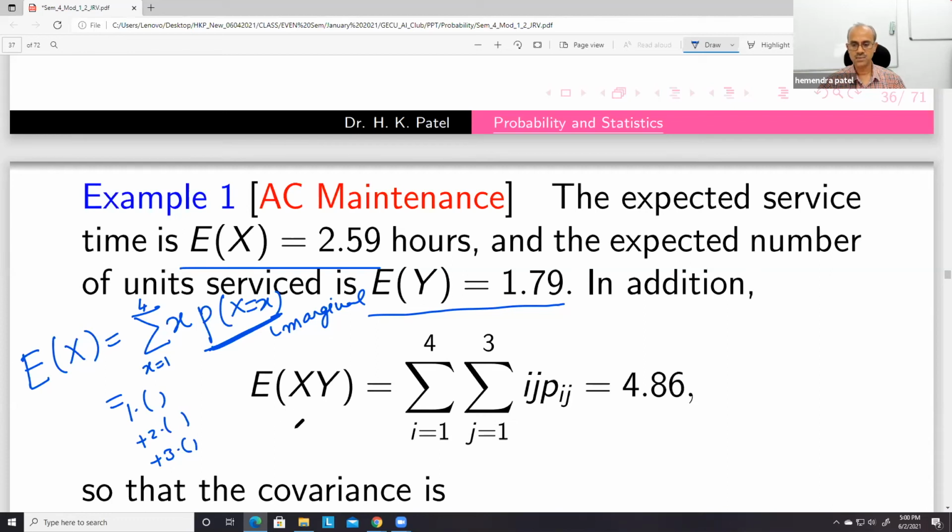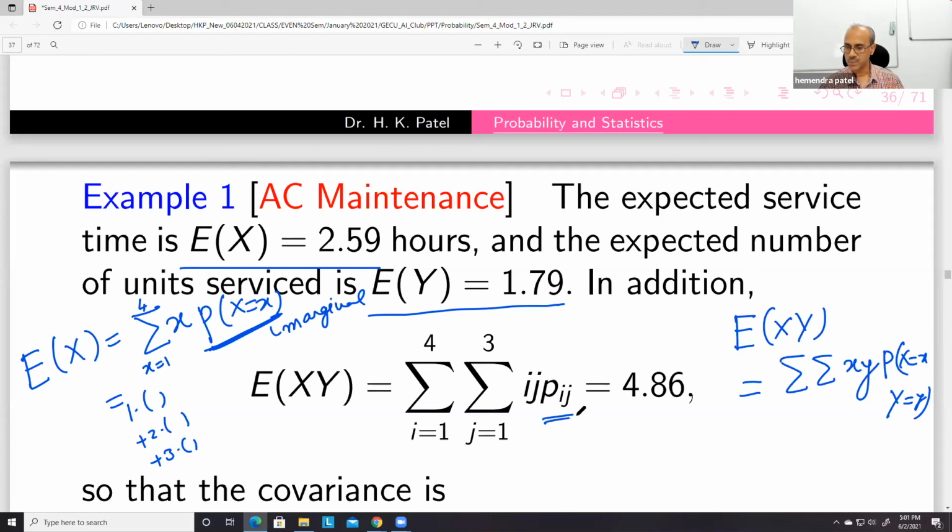And then E(xy). The general result is the double summation of xy times P(X = x, Y = y), which is denoted by Pij.